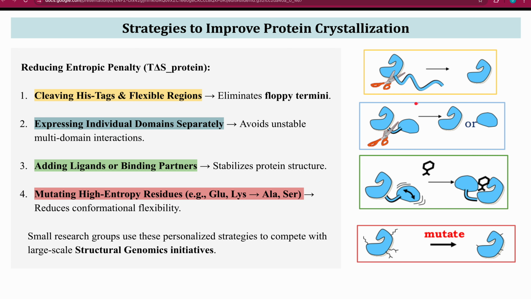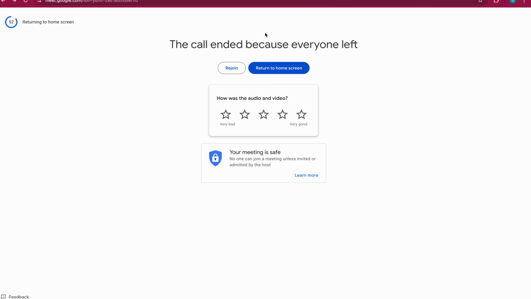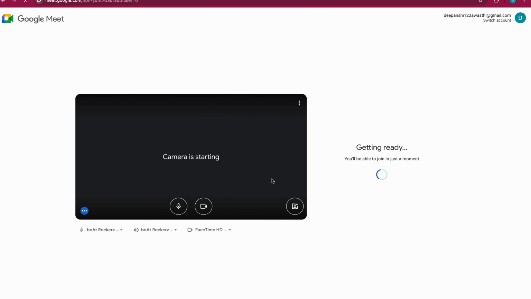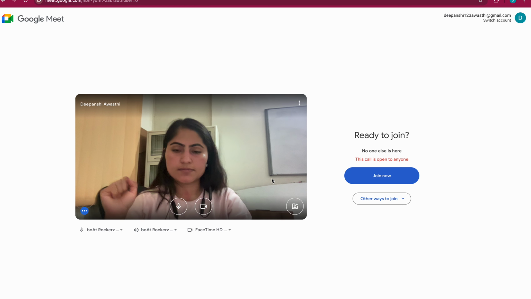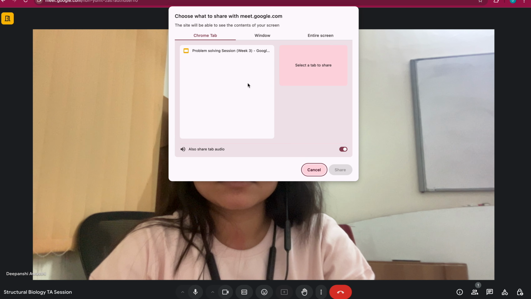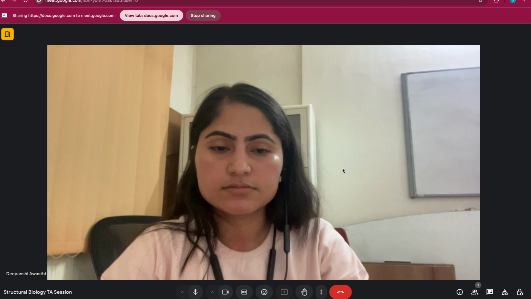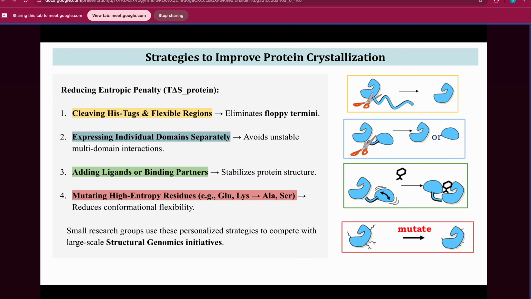There are certain regions which are disordered and very flexible, so we need to remove these floppy termini in order to reduce the entropic penalty.